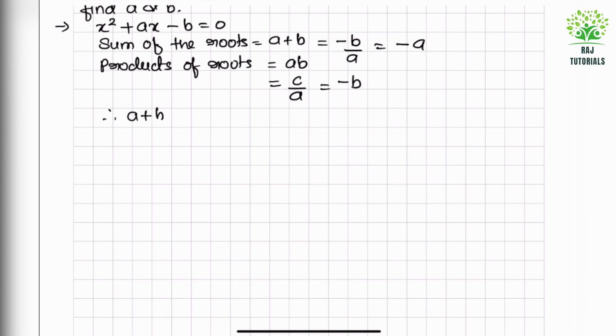Therefore a plus b equal to minus a. So b equal to minus 2a. This will be first equation, and ab equal to minus b. So a will be minus 1.